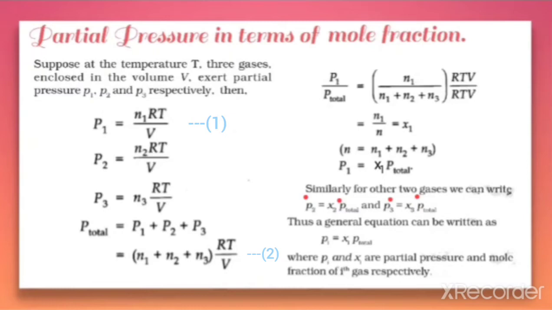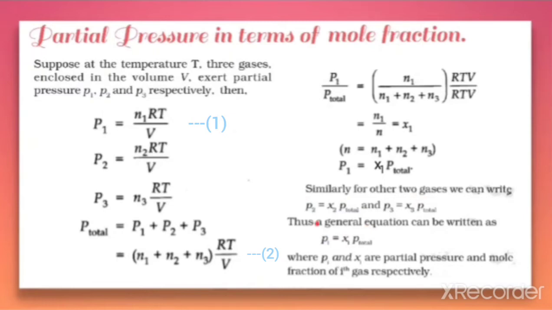So in general we can write Pi is equal to xi P total, where Pi and xi are the partial pressure and the mole fraction of the i-th gas respectively. This is the relation between the partial pressure and the mole fraction.